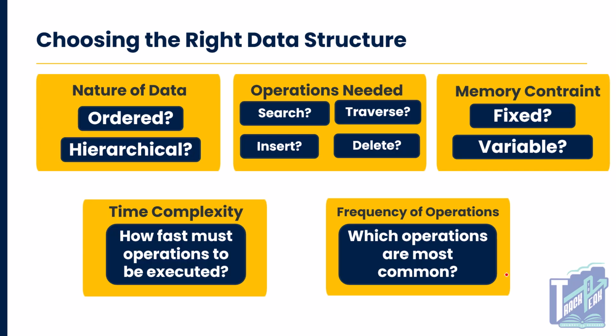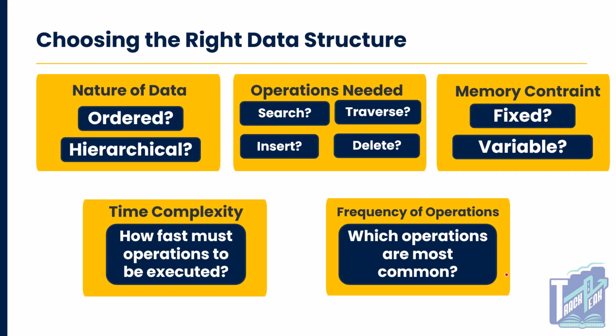Based on that also, we want to choose the data structure. And frequency of operation. How many times the operations are going to execute, or whether it is a common operation. Based on that also we want to choose. Based on these 5 things, we want to choose the right data structure for our data to be organized.